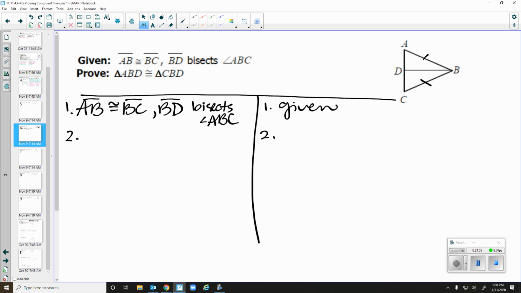It will be, but when we have a statement about bisecting, we don't have a congruency statement, we have an equality statement. So because it's bisected, we know that the measure of angle ABD equals the measure of angle CBD by our definition of an angle bisector.